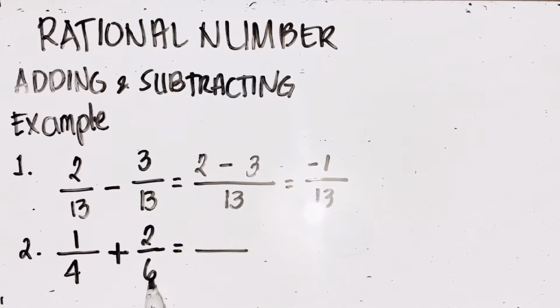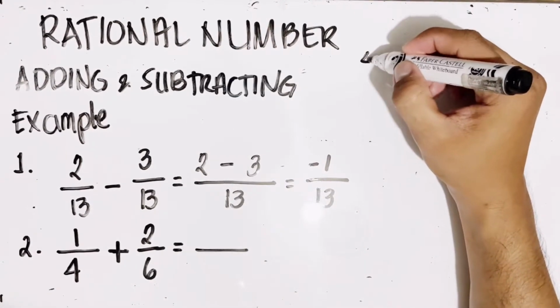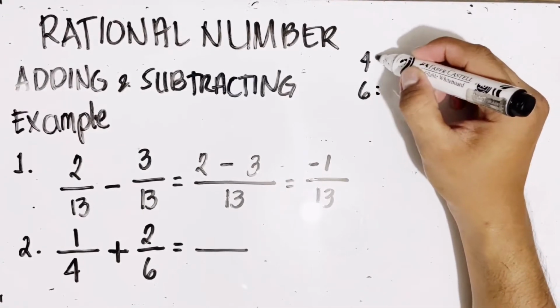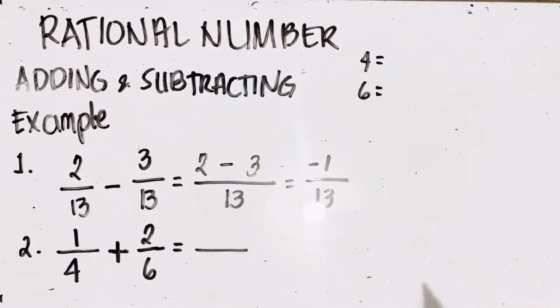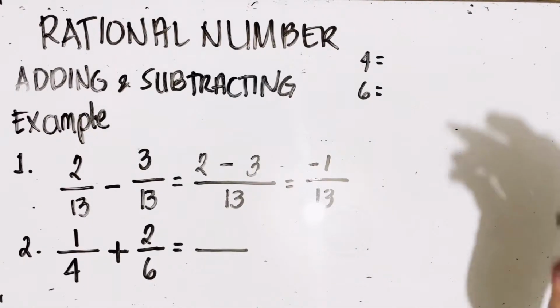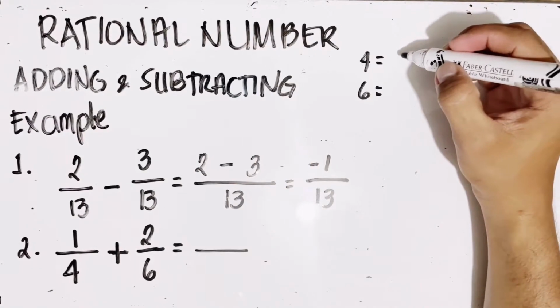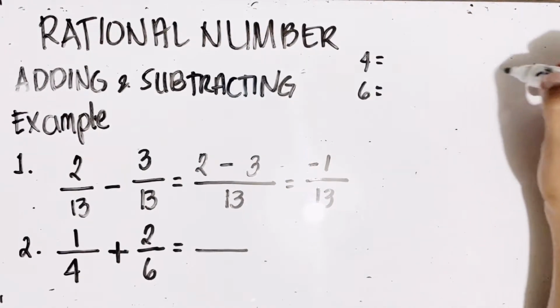First, 4 and 6 should be written. Now, look for the least common denominator, the least common multiple of 4 and 6. The least common multiple of 4 and 6 will be solved using the listing method.